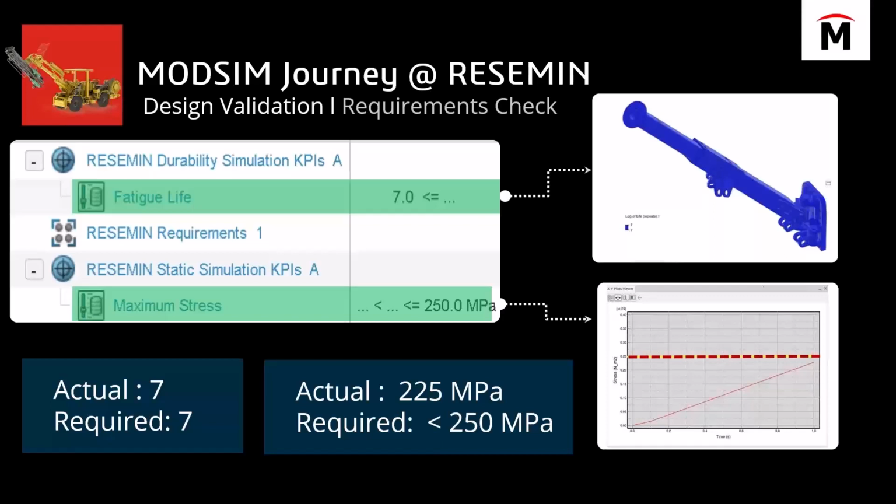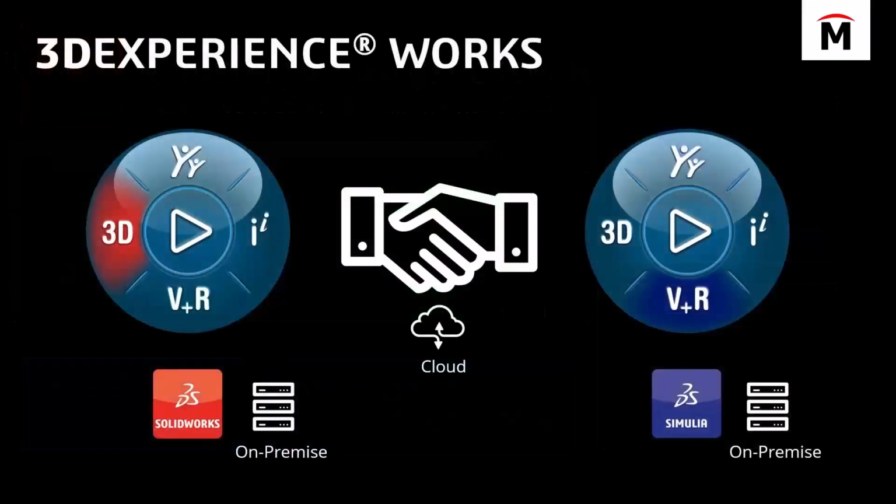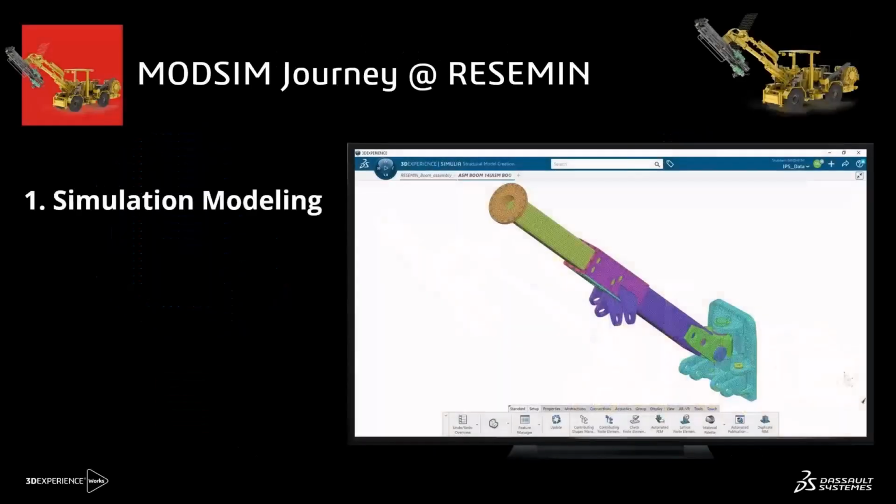And this is a real case study that happened at Resumen. This is how they use the tools to figure out: can they not just survive the load, but can they use the least amount of material to survive it and then get a better fatigue lifespan response out of it. So there's a few steps to it. The handshake between SOLIDWORKS and really any 3D Experience program: connect them together, save your data into it.